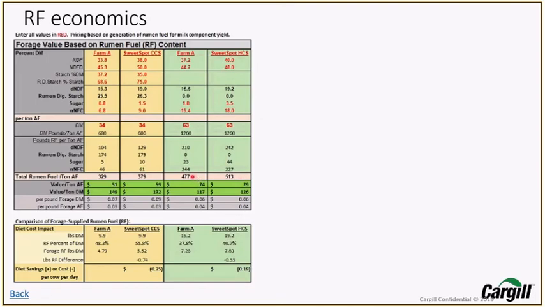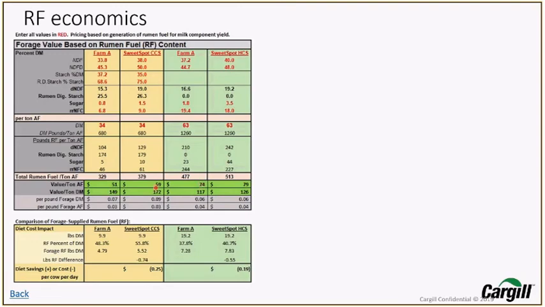You can actually place a value on the forage based on the pounds of rumen fuel that are preserved there. And so I've done that, and it's basically, in this case, about 15 cents per pound of rumen fuel, and by doing that, their value is going to be $8 less than if they hit the sweet spot, and $5 less on the haylage side.